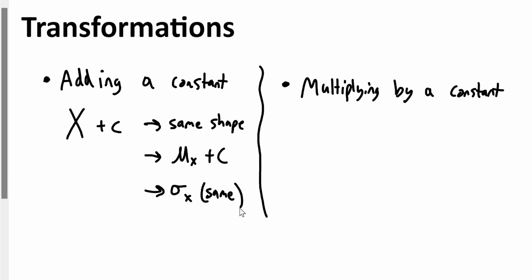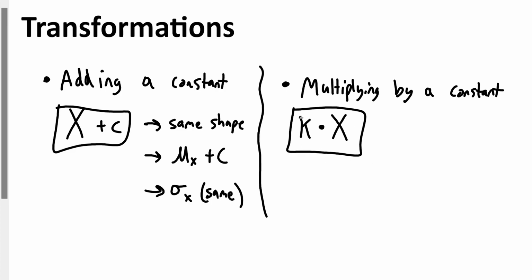When you multiply, that's when it spreads it out. So if we take whatever our constant is, so we were just using that right there. So we'll say k for our constant here, times whatever our random variable is. That is going to keep the same general shape. Might make it more spread out, though. But if it's normal, it's still going to be normal. If it's uniform, it's still going to be uniform.